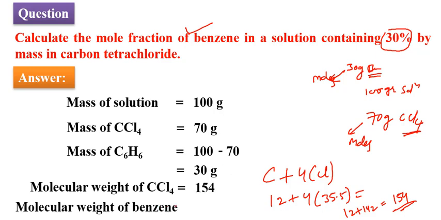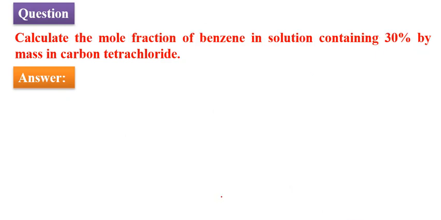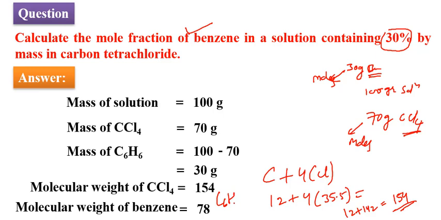Then molecular weight of benzene, C6H6: 12 into 6, 72, plus H6, 6 into 1. Okay, total 78.